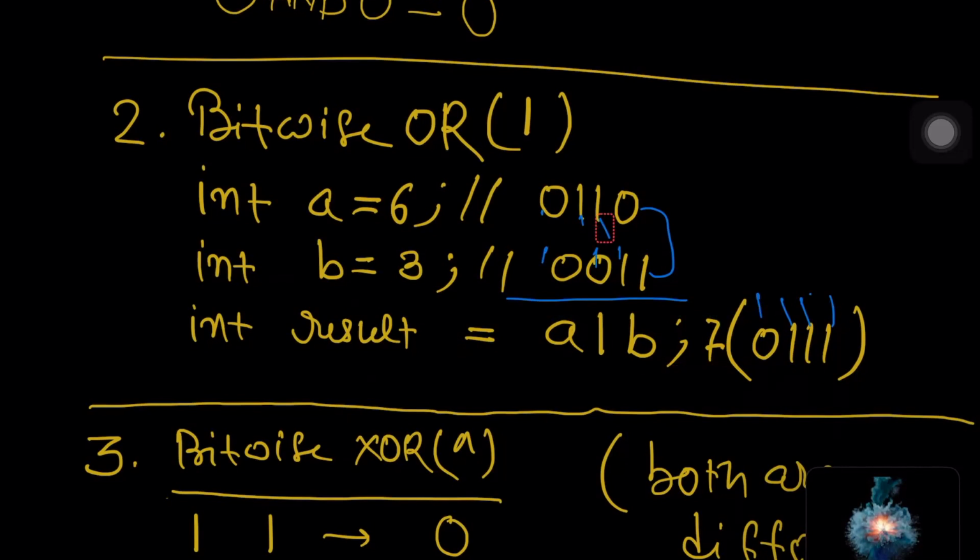Then whatever binary you get, you convert that binary into decimal. So when you convert 0 1 1 1 to decimal, you will get the result 7. So if anyone asks you to perform bitwise OR operation, you can explain exactly what is happening, why when we do a or b, with a value 6 and b value 3, we are getting 7.